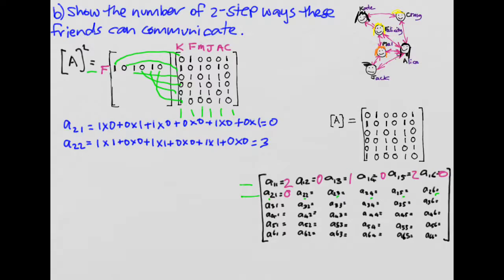So using the same method, for position A22, we're going to multiply row F by column F. So we've got 1 times 1 plus 0 times 0 plus 1 times 1 plus 0 times 0 plus 1 times 1 plus 0 times 0 equals 3. So let's go ahead and put 3 into that position.